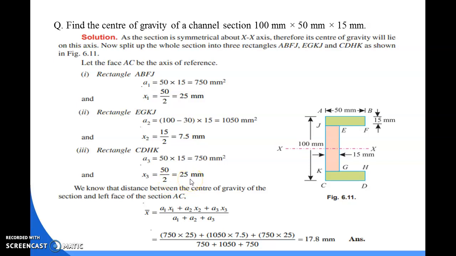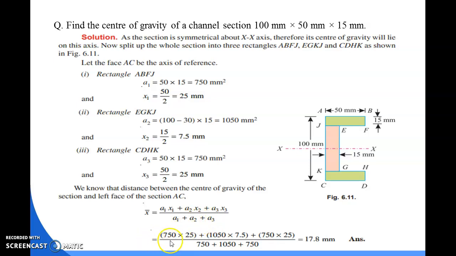So as per the formula, we have the center of gravity of the channel section is equal to A1 x1 plus A2 x2 plus A3 x3 whole divided by A1 plus A2 plus A3.